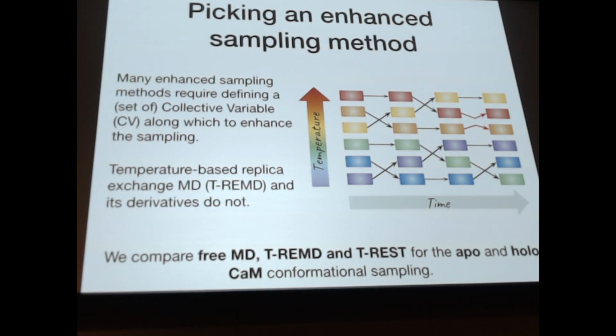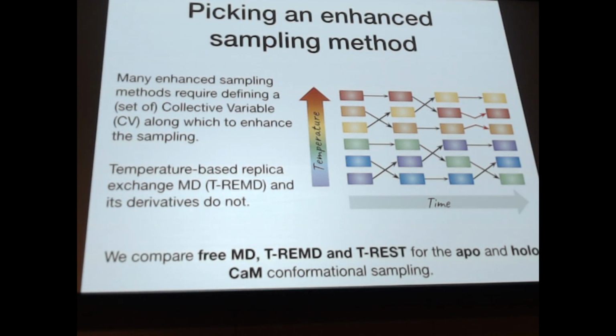So for the conformational ensemble of Calmodulin that we were interested in, we wanted to compare free molecular dynamics simulations, just regular MD, temperature-based replica exchange that I just explained, and one variant, temperature-based replica exchange with solute tempering, which I'll explain in a minute, which is basically a variant of temperature-based replica exchange but has a lower computational cost.